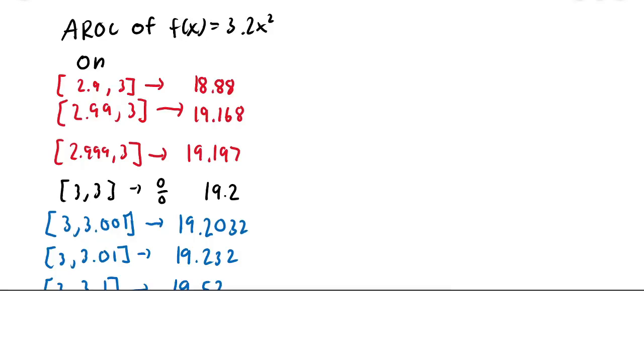So last time we considered trying to find the average rate of change for a particular function, f of x equals 3.2x squared. And what we wanted to do was find the instantaneous rate of change. That was our goal.